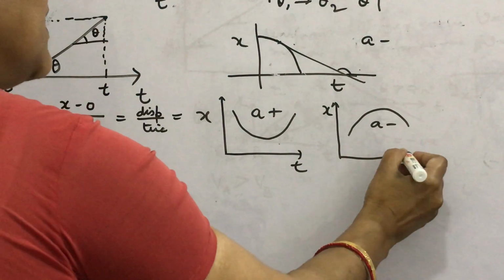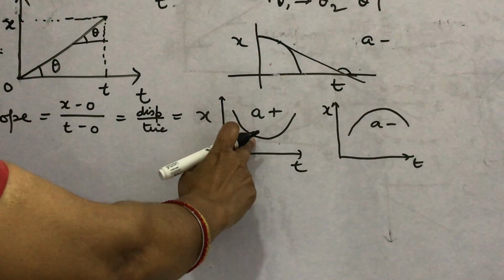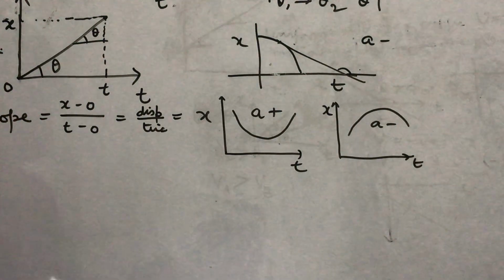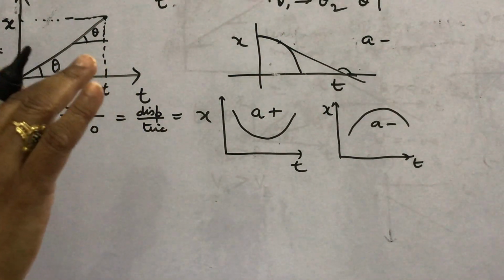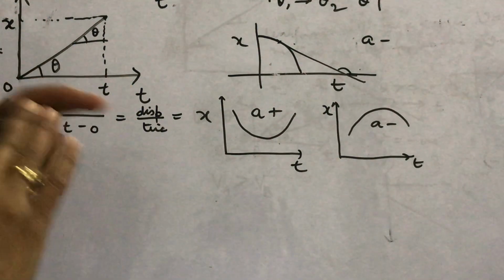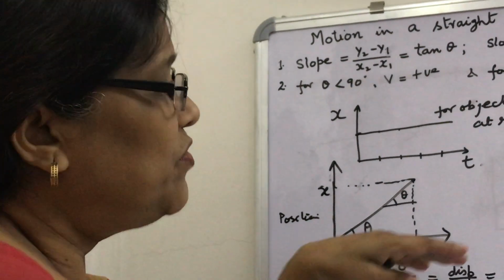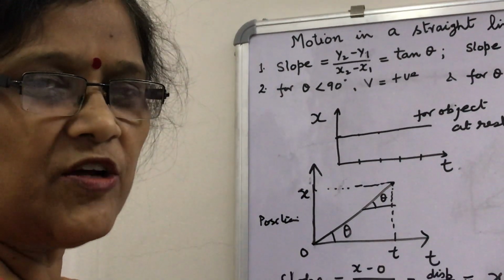Learn this, make a trick that whenever you find the graph like this, then this is for acceleration and this is for retardation. There are so many cases, so how will you find? One thing I would like to suggest, make a trick that suppose a graph is given, then you will have to find the velocity as well as the acceleration sign.